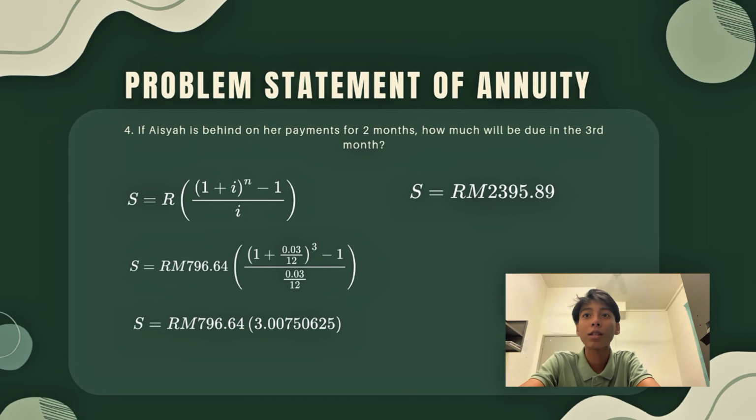We divide it by 12 to get the monthly interest. Then we calculate it for 3 months. After solving the equation, the total amount due in the third month is 2,395 ringgit 89 cents.